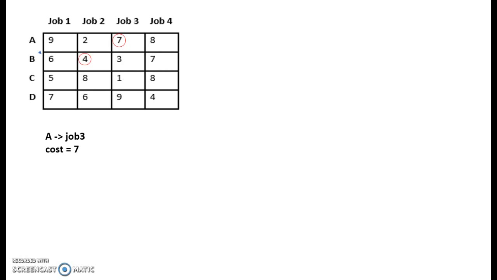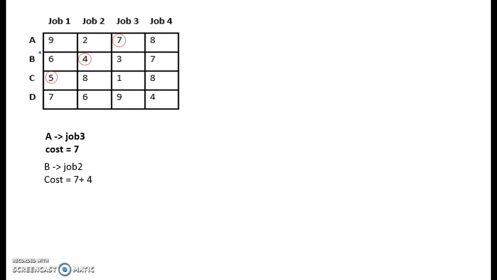Now our cost will be 7 and the new lower value from row 2 is 4. So job number 2 is assigned to person B. Now our cost will be 7 plus 4. Then we check for another minimum value from row number 3. That is 5.